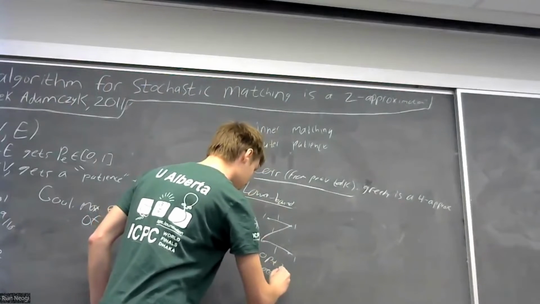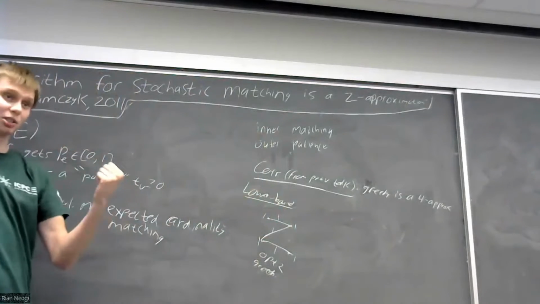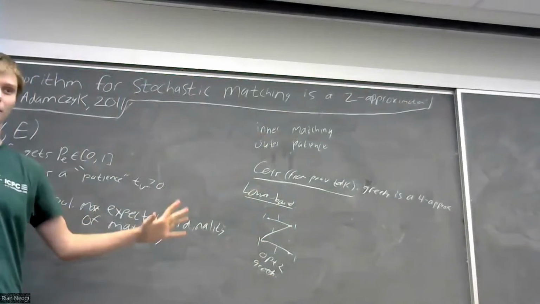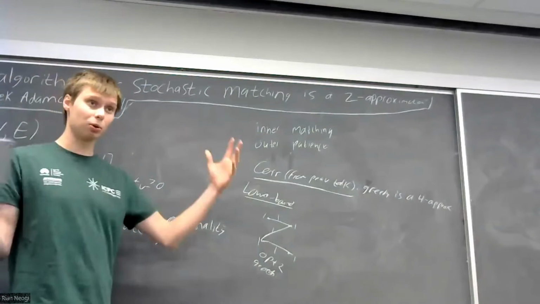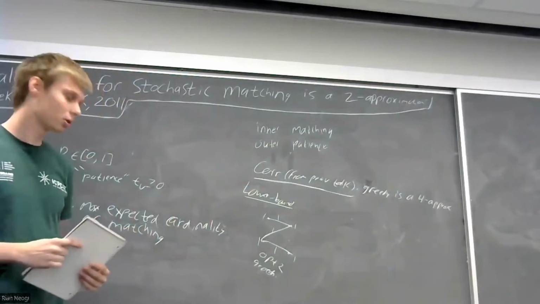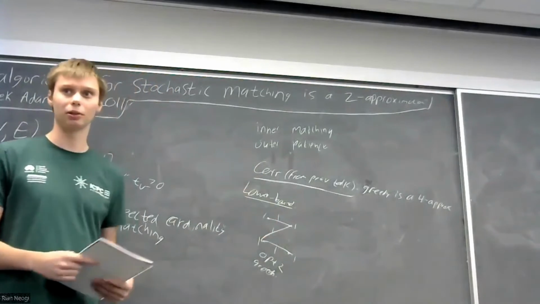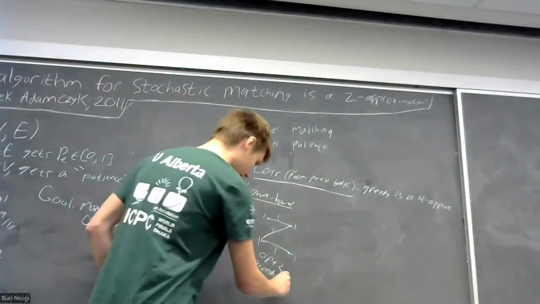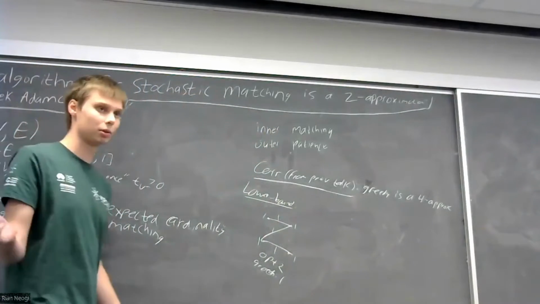And greedy, I should state the greedy condition, just to be explicit. What greedy does is it selects the highest probability edge that's available at any moment. And if there's multiple, it can choose whichever one it wants. So here, we might choose the middle edge, and then we're done. Because it exists, and we can't get anything else. So the optimal is 2, and we only get 1. So it's no better than 2.